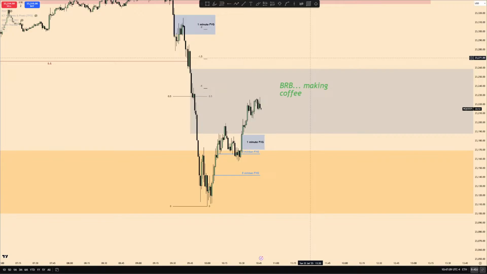Pretty decent trade if it happens. It's an inversion short.